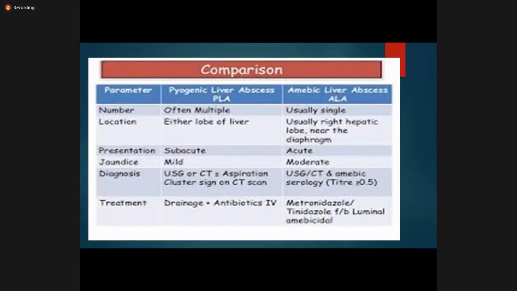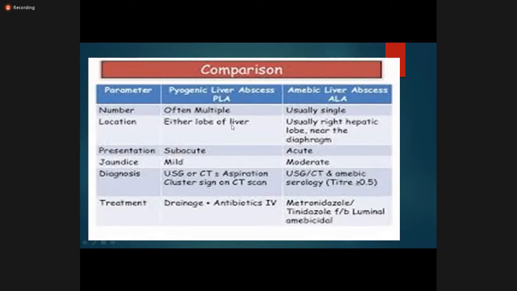So here is a slide to show the comparison. As I mentioned earlier, pyogenic liver abscesses are usually multiple, whereas amoebic liver abscesses are single. So this is one of the differentiating factors: amoebic liver abscess is usually single, whereas pyogenic liver abscess is often multiple. Location of the pyogenic may be in either lobe of the liver, whereas the amoebic liver abscess is usually in the right hepatic lobe near the diaphragm.